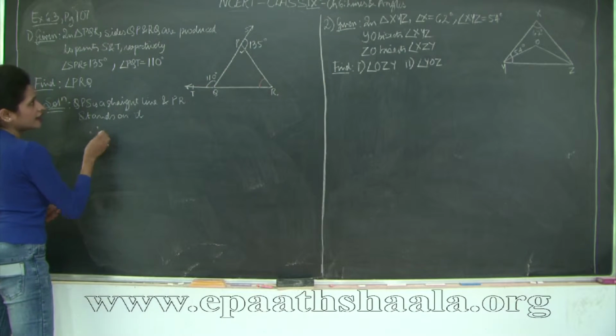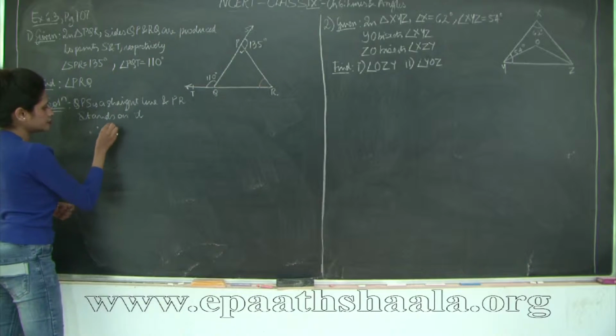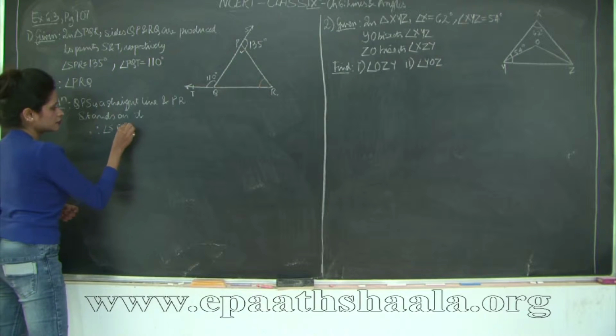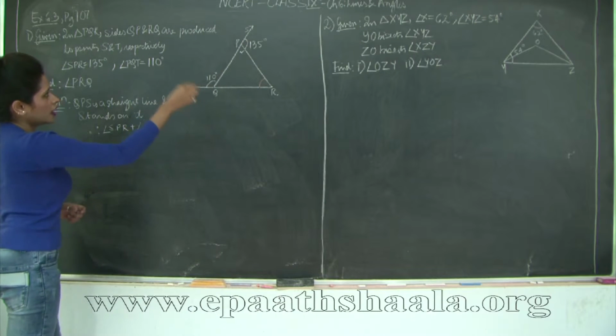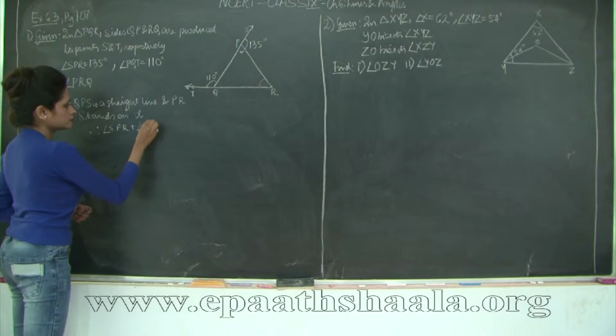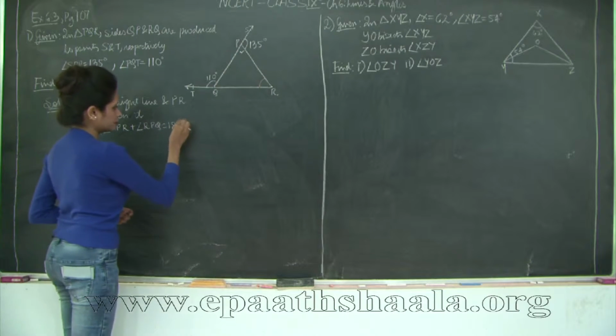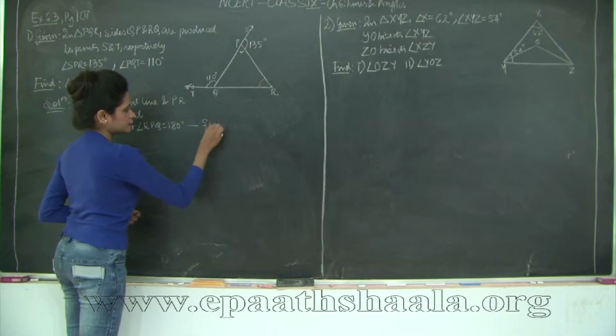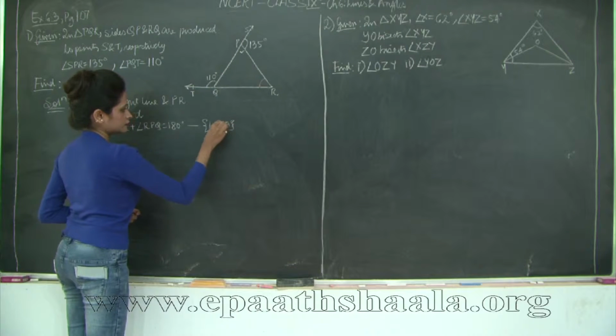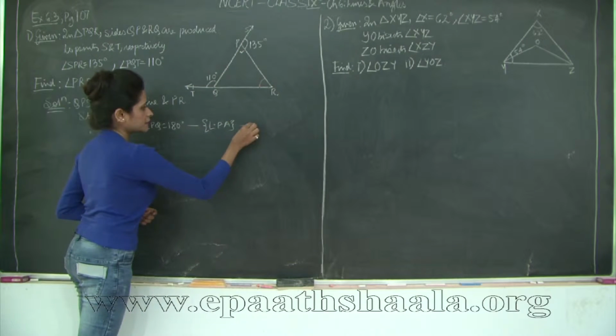Therefore, what do I have? Angle SPR plus angle RPQ is equal to 180 degrees through the linear pair axiom. Correct? I'll mark this statement as 1.